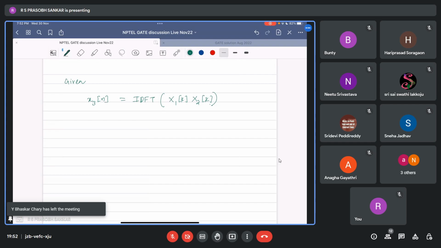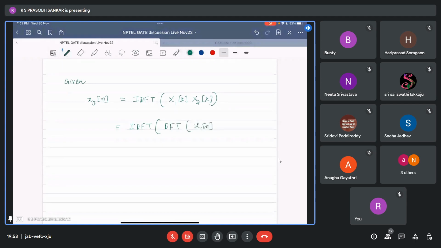This is how we have the relation. Now, what is this? This is the inverse DFT of the DFT of x1 of n circular convolution x2 of n. Is this clear for everyone?